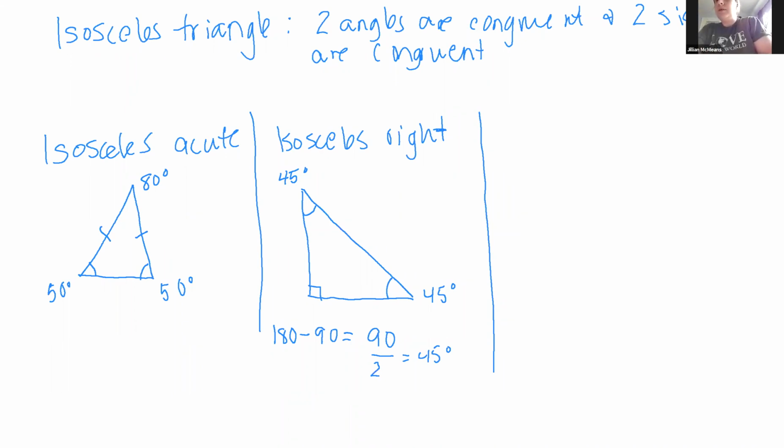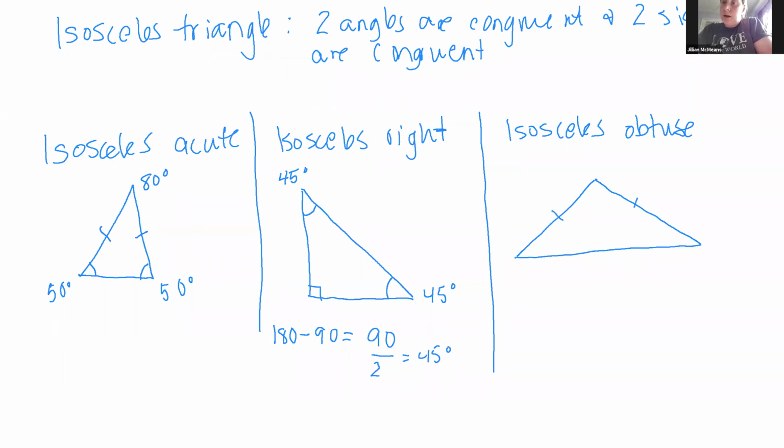And then finally, we can have an isosceles obtuse. And it's going to look like this. So you can see you have this one obtuse angle at the top, and then you've got the two sides that match, and I indicate that with a little tick mark in the sides, and then the two angles match. They each have a single curve.